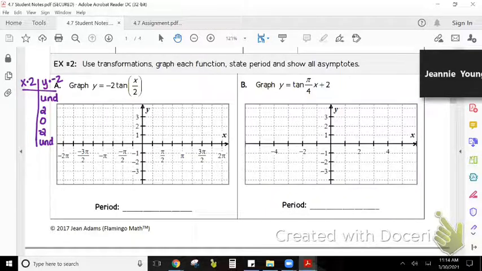Now our x's we're going to multiply by 2. My first x was negative pi over 2 times 2. Now remember that's 2 over 1. So it'd be negative 2 pi over 2, which is negative pi. My next x was negative pi over 4 times 2.